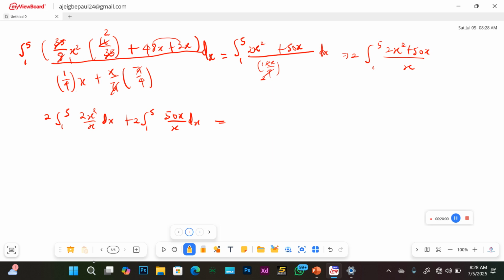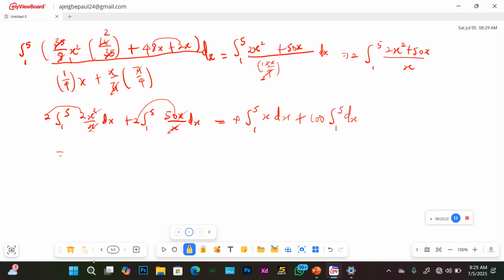So 2 multiplied by 2 will give us 4. So you have 4 times the integral from 1 to 5, and then x is going to cancel one x here, so you have x dx, plus 2 multiplied by 50 will give us 100. Then the integral from 1 to 5, then x will cancel x, so you have dx.